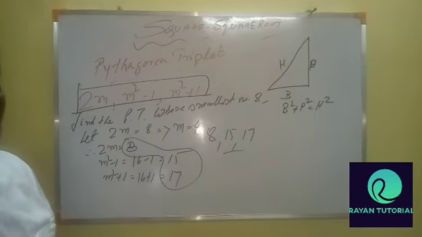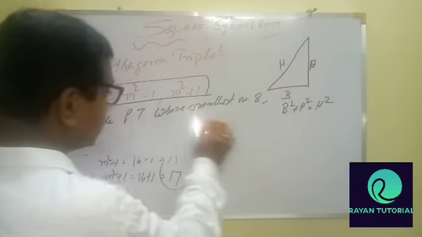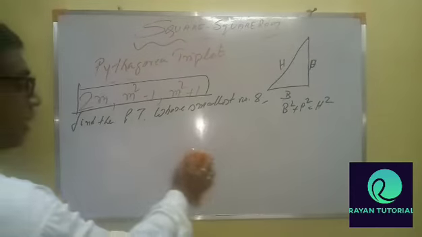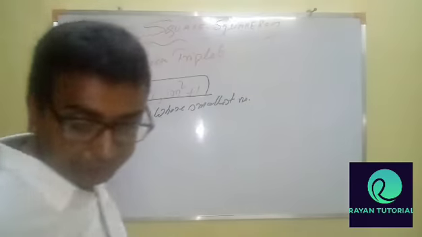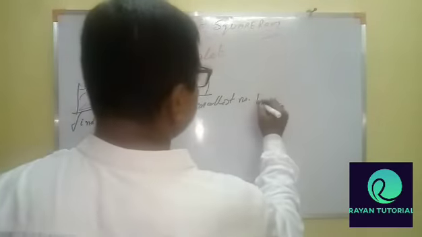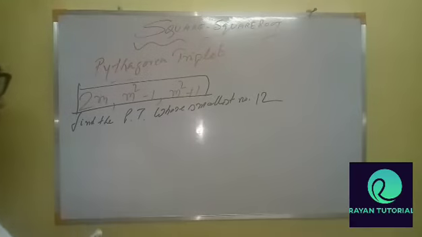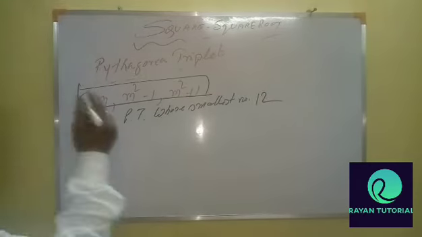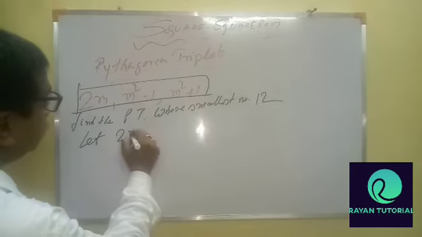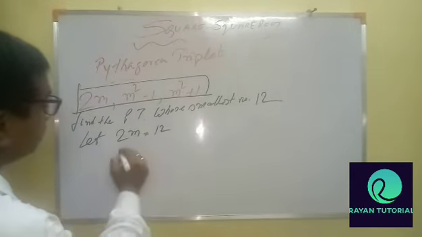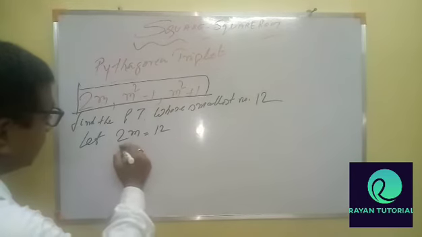Let me find some tricky sum for you. Wait. Okay, the number is 12. Same question. Here only this is 12. So same thing, let 2m be equal to 12. See the trick here.